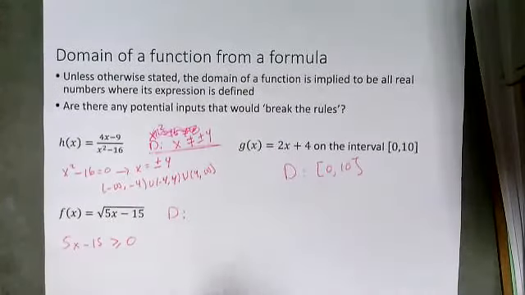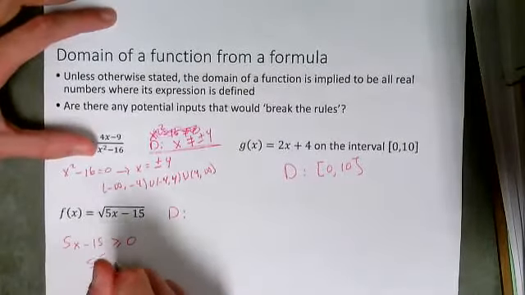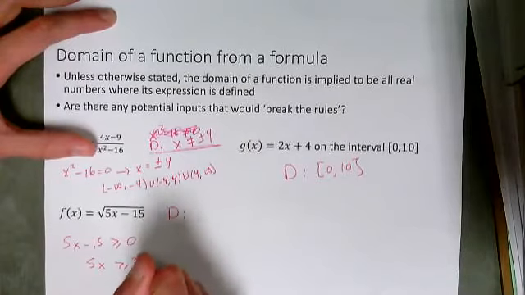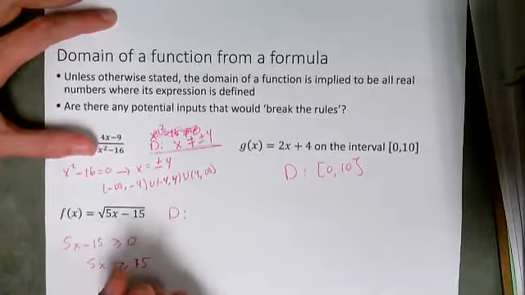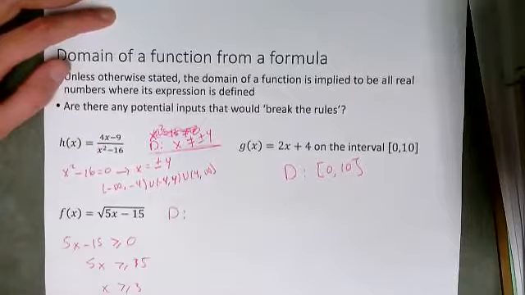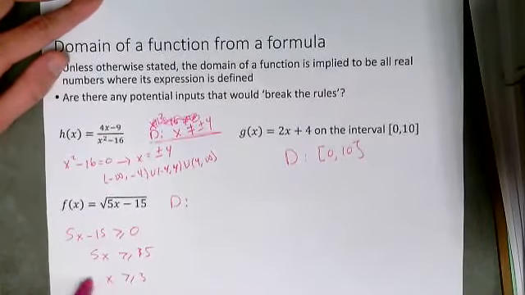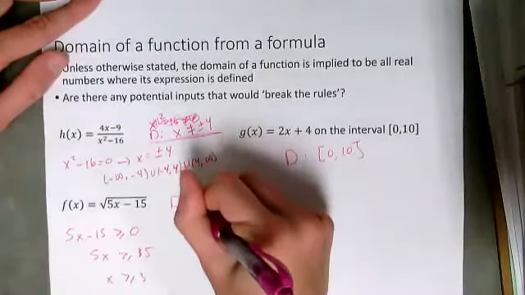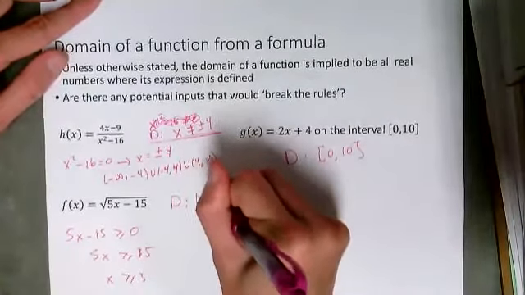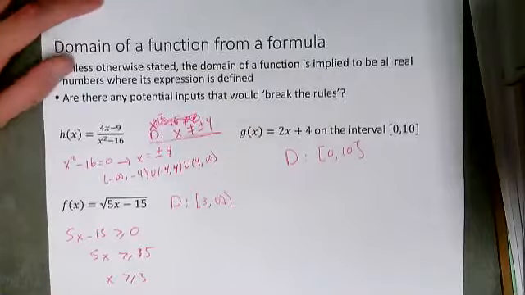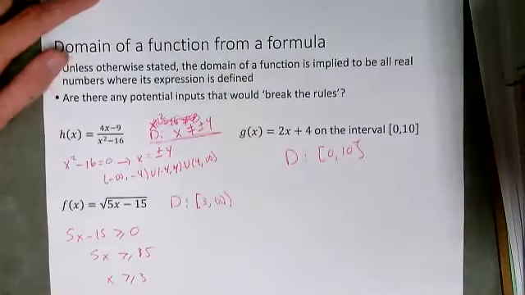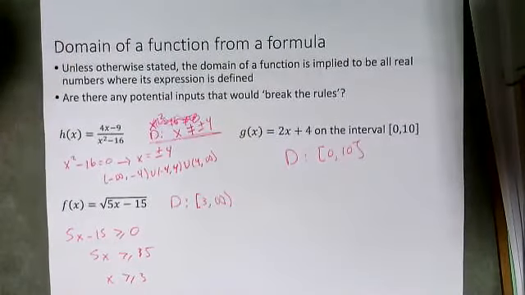So if we solve this out, we get 5x is bigger than or equal to 15. X is bigger than or equal to 3. So the domain is all real numbers such that x is bigger than or equal to 3, or we can write that shorter in interval notation, including 3 out to infinity.